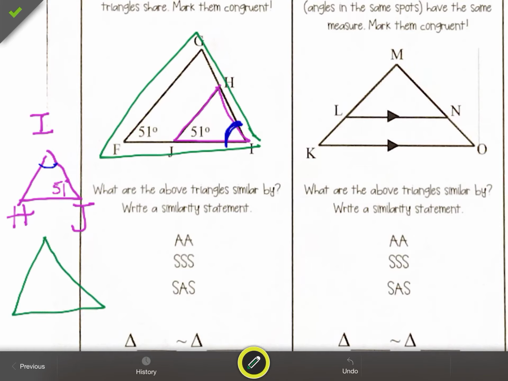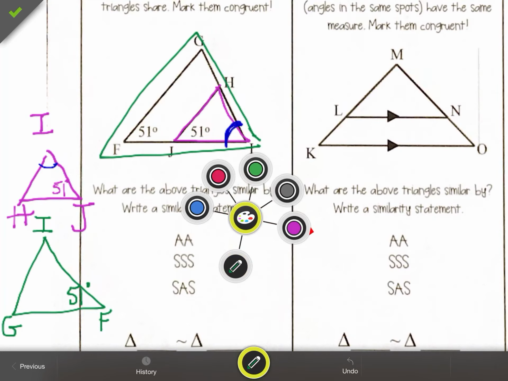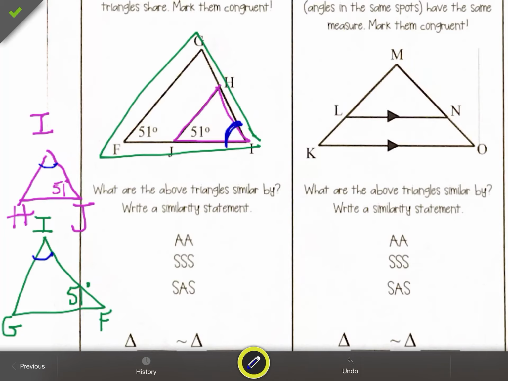Some of you won't have to do this, but I do. It makes my head hurt looking at the other one. The top angle is still I. Then you'd come down to G and F. And we know angle F is 51 degrees. And we've already said that angle I is in both triangles. Now look at it.